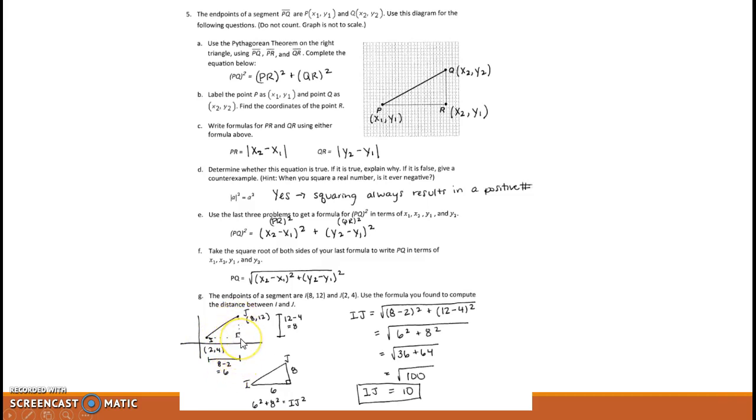For the vertical segment, I'm focusing on my y-coordinates. 12 minus 4, that's 8. And then I'm just applying the Pythagorean theorem. And that's exactly what's happening here with the distance formula on the right. So here you can see x2 minus x1 squared plus y2 minus y1 squared. And when we simplify that, we can see that IJ is equal to 10. So what we did is we applied the Pythagorean theorem to derive the distance formula.